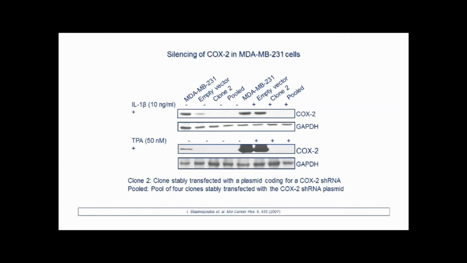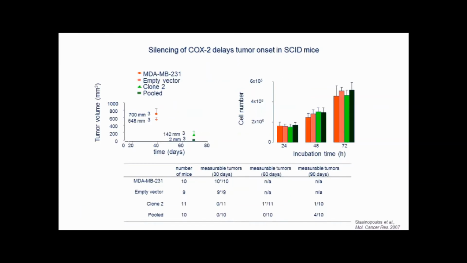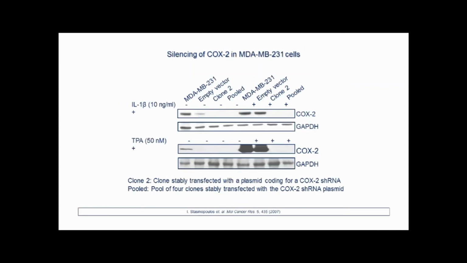And so to do this, you can create cell lines that express short hairpin RNA against cyclooxygenase 2 that completely wipes out COX-2 in cancer cells, as shown here, where these triple-negative MDA-MB-231 breast cancer cells express short hairpin RNA.